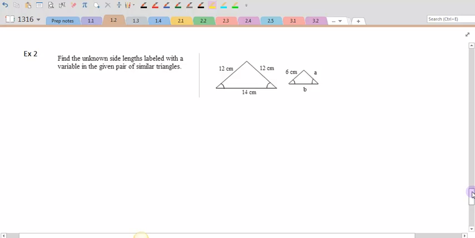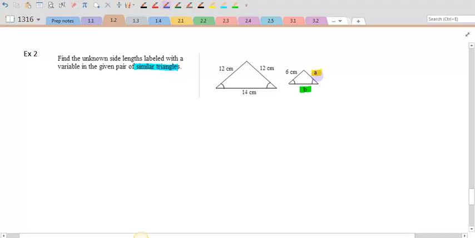So this example wants us to be able to determine these given sides of the smaller triangle if I know already that these are similar triangles. So I'm going to use my definition of similar triangles to be able to solve for the missing sides.